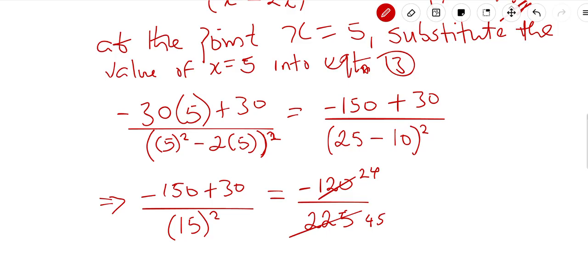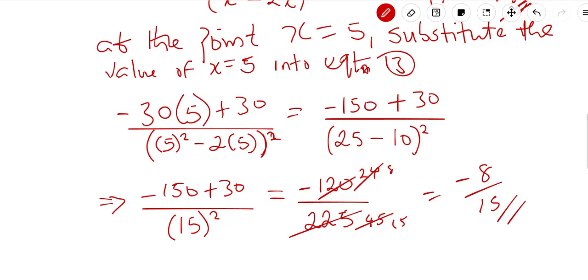I can still simplify this further. I can use 3 to divide 24, and that's going to give me 8. And 3 can also divide 45, that gives me 15. So what I have left is negative 8 over 15.